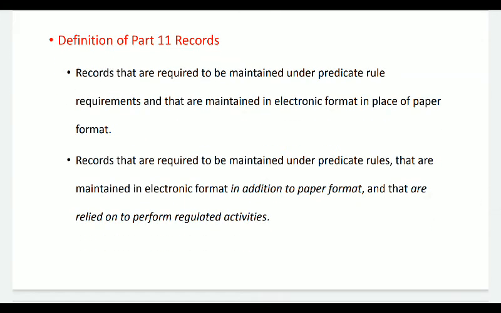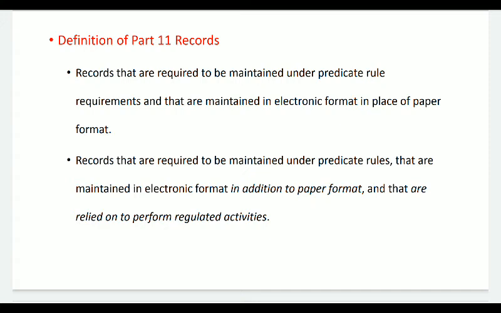Next is the definition of Part 11 records, that is, what kind of data you can define as a record. Records that are required to be maintained under predicate rule. Here the predicate rule means the instructions given by the US FDA in the regulations. Requirements, and that are maintained in electronic format in place of paper format.